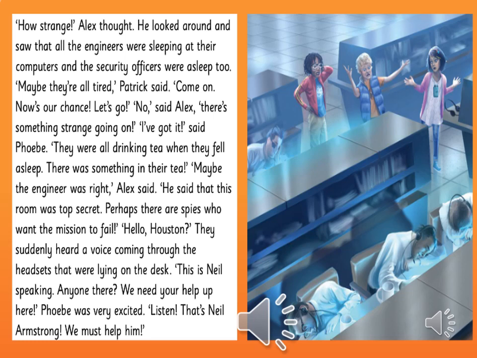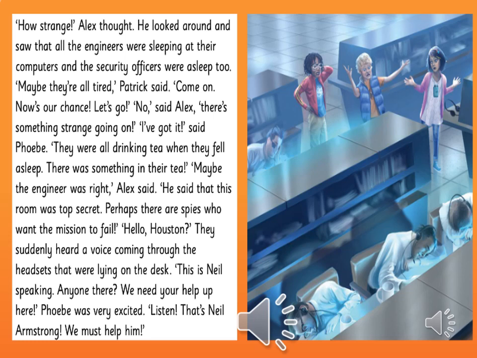The children felt that there is something strange, that everyone in the room was sleeping. Patrick suggested to run away before they wake up, but Alex said no, and he wanted to know what was going on. Phoebe said that she knew what happened. There was something strange in the tea, and it made them all fall asleep.